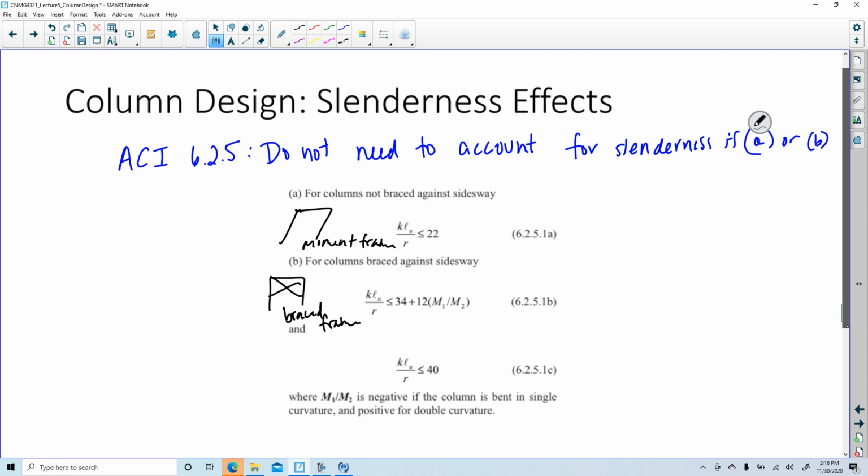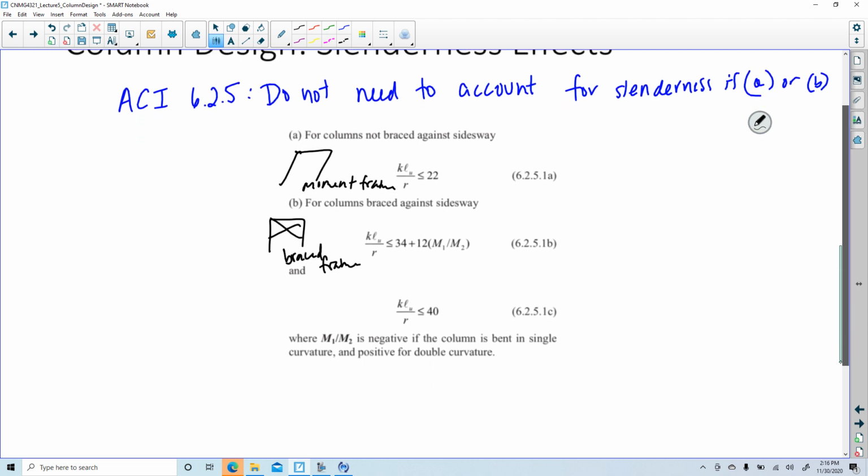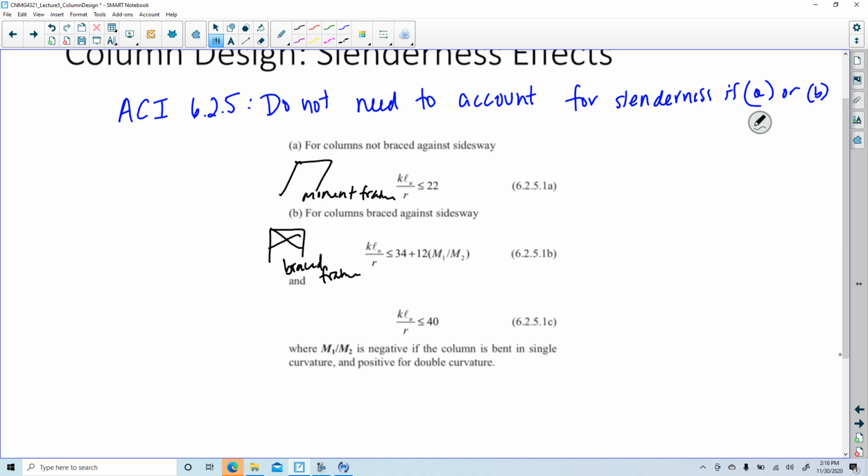And then it talks about M over M1 being negative if the column is bent in single curvature. Single curvature would look like that. Double curvature would look like that. Right, 2 curves, 1 curve.